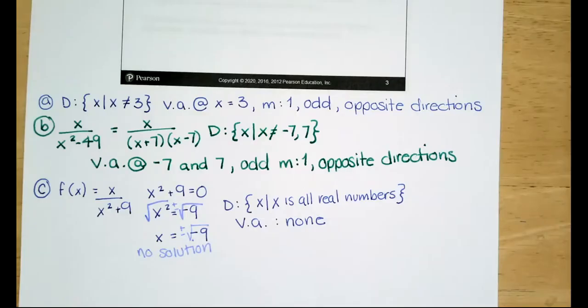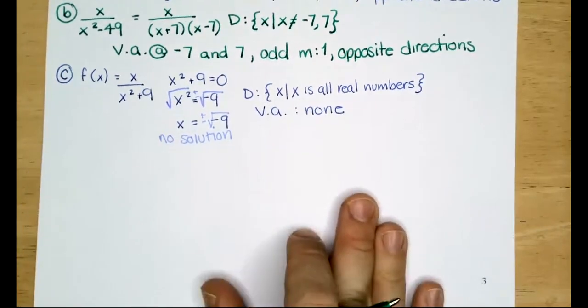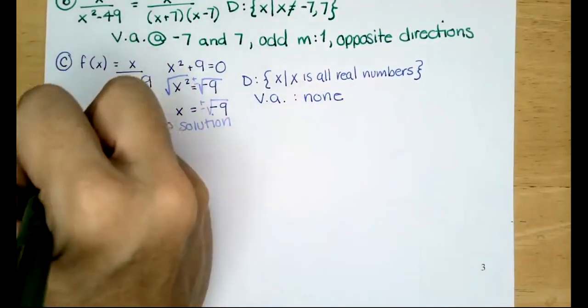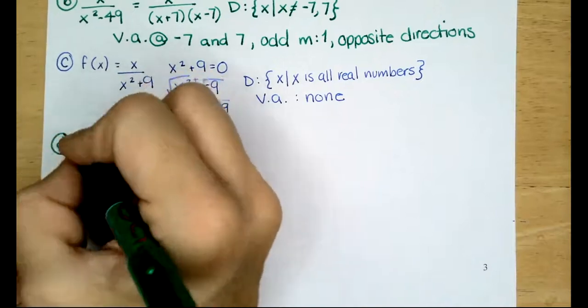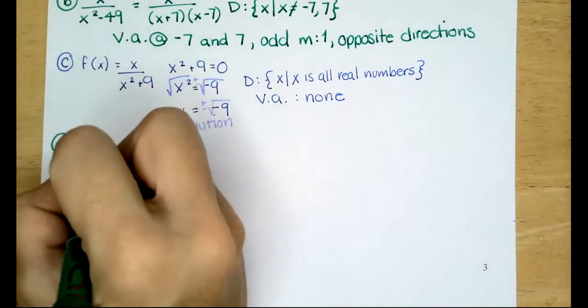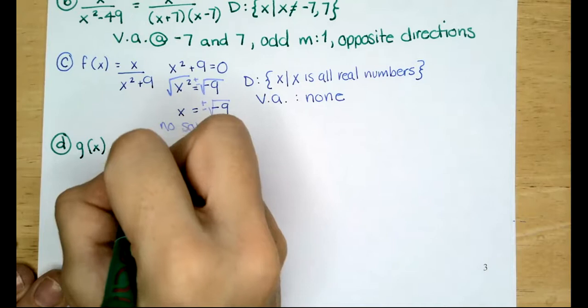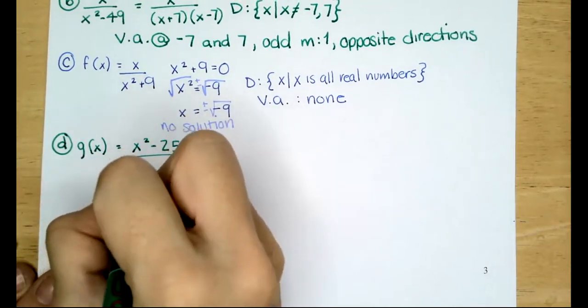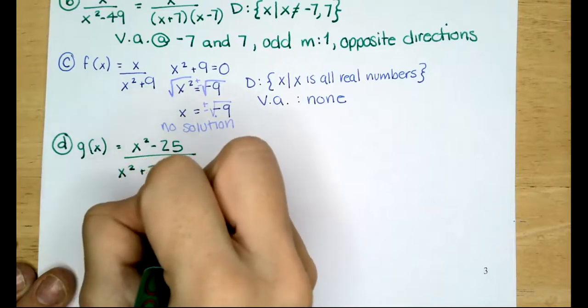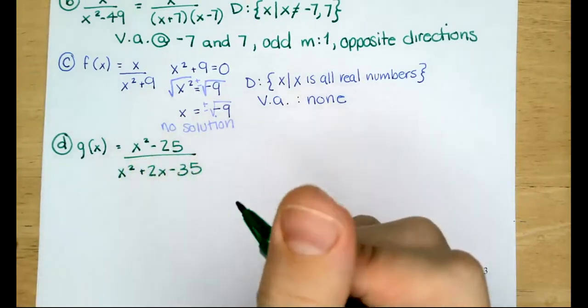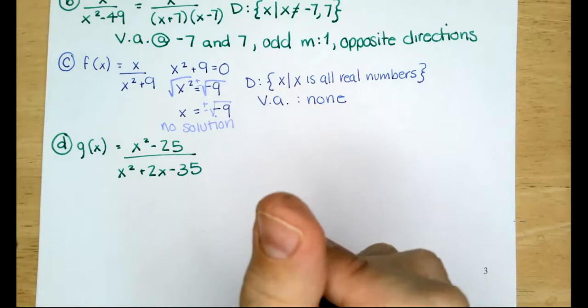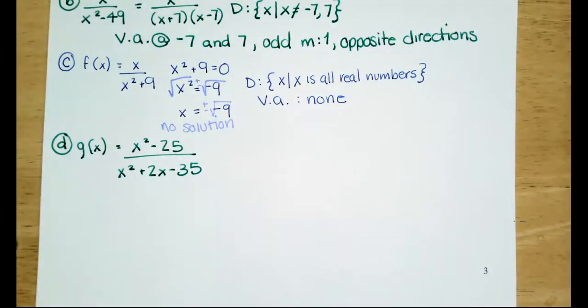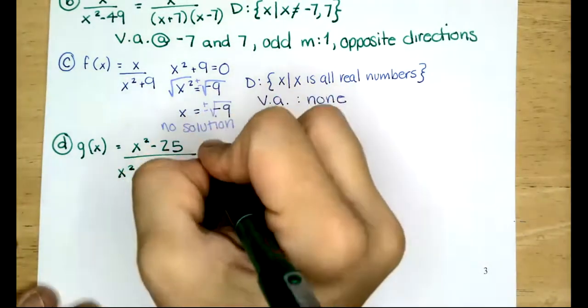Letter D is, I'll rewrite it since I've gone off screen. D is g of x is x squared minus 25 over x squared plus 2x minus 35. Okay. This one we can actually factor.